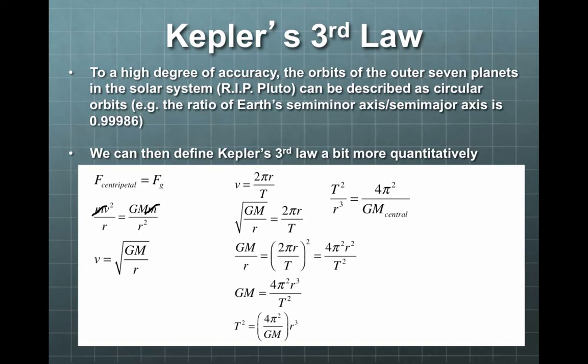And what we can see from this equation is that for any satellite, whether it's a satellite orbiting Earth, or a planet orbiting the Sun, or a comet orbiting the Sun, this ratio of the square of the period divided by the cube of the average radius is equal to a constant.